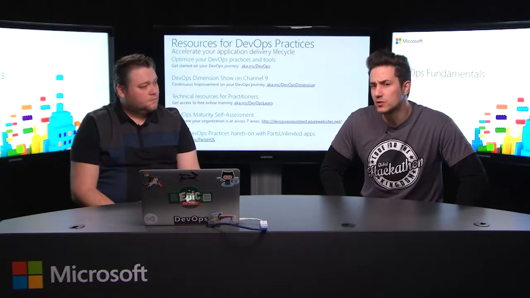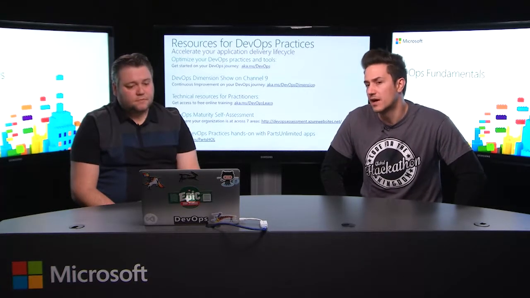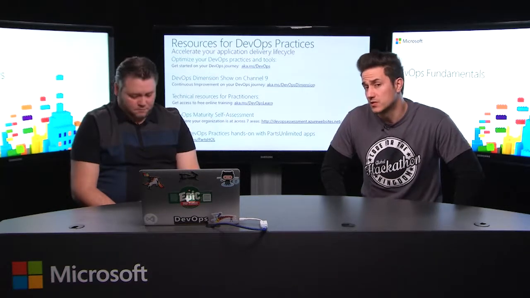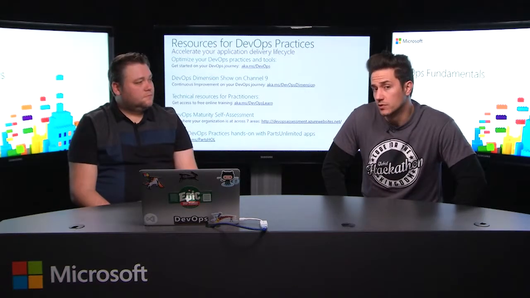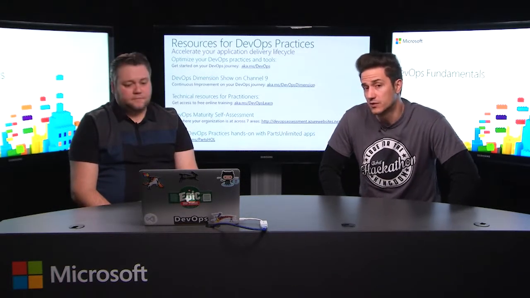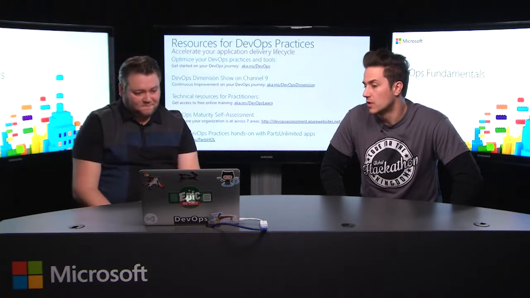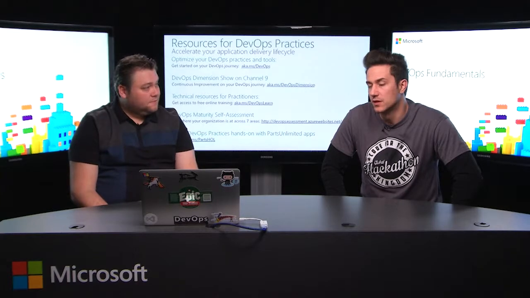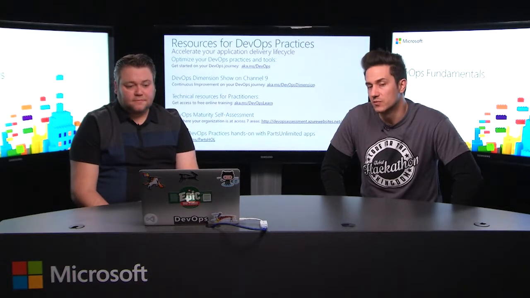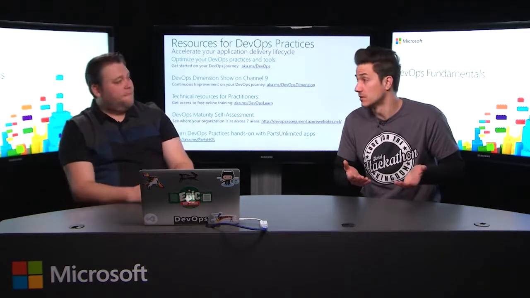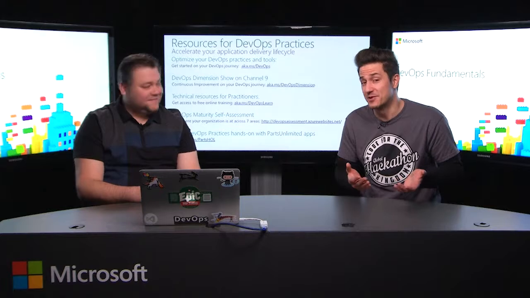You should be able to complete that in no more than about half an hour, as long as you have the right people answering who know the different aspects. It also gives you a higher-level foundation to assess where you're at, and maybe gives you some ideas where you might want to improve and tie those back to specific DevOps practices that we may have already covered here in this fundamental series.